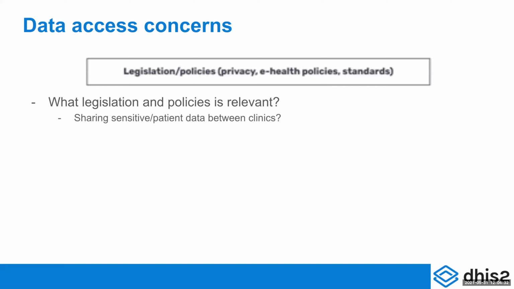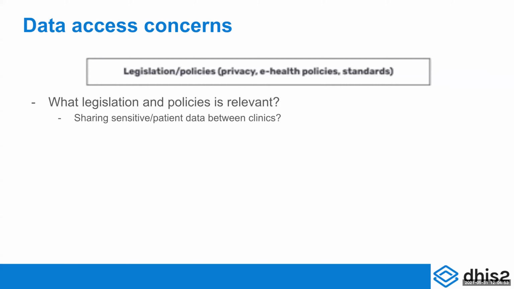One particularly hard question that has to be asked and is hard to answer, and it should be hard to answer, is how can you share this data between clinics in a longitudinal setting? If you start your treatment in one clinic and go somewhere else, is it okay that they see the data?